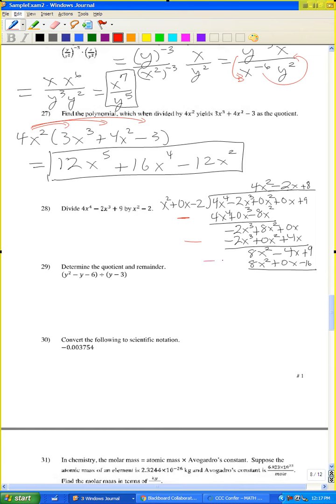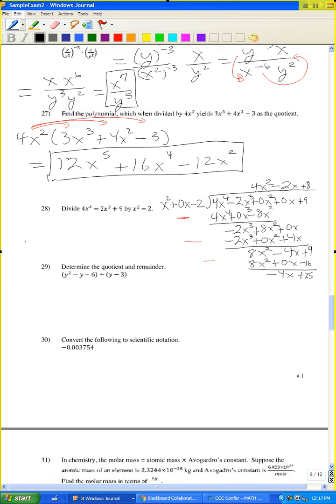So the 8x squares cancel. Negative 4x minus 0x is a negative 4x. 9 minus a negative 16, say 9 plus 16, 25.